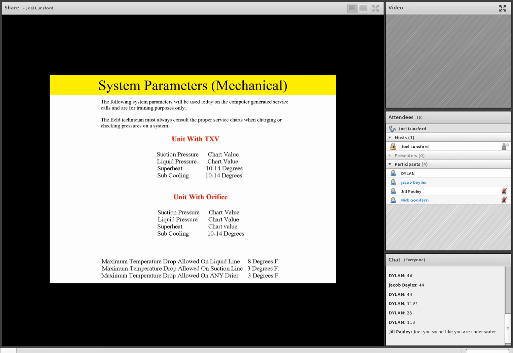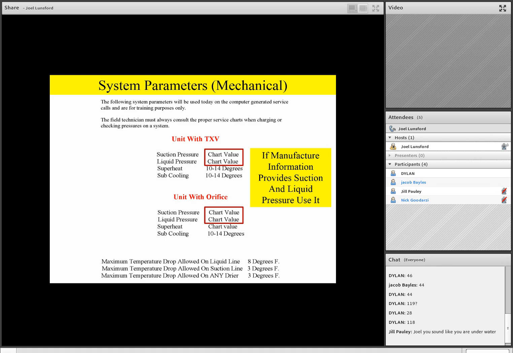You're still going to be looking for about 10 to 14 degrees of subcooling, considered normal even with an orifice. If you do have the manufacturer information, go ahead and use it.